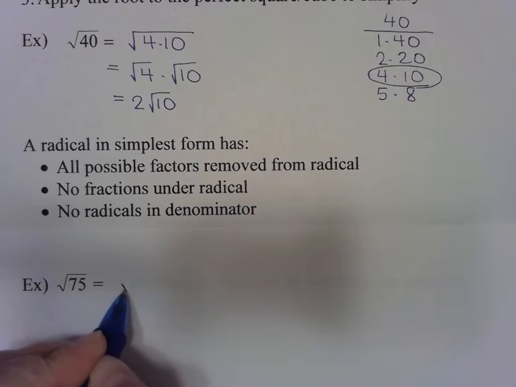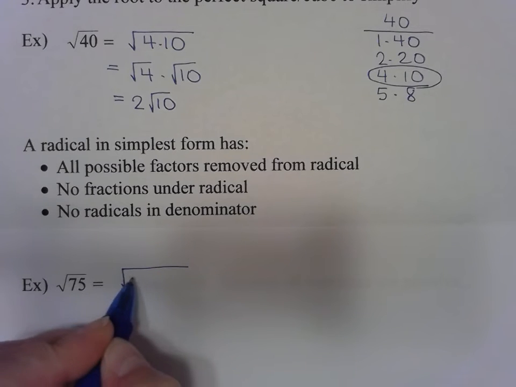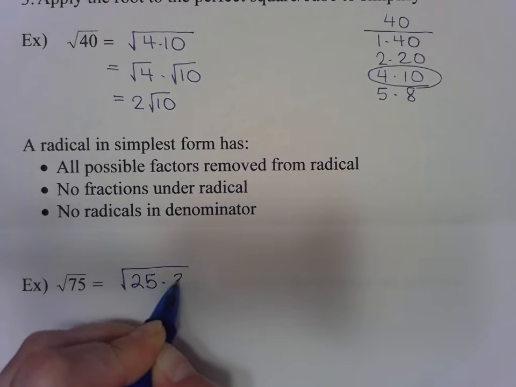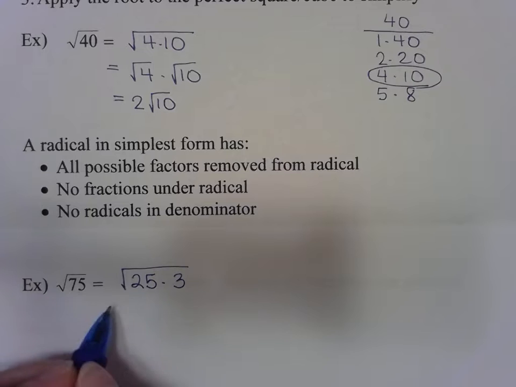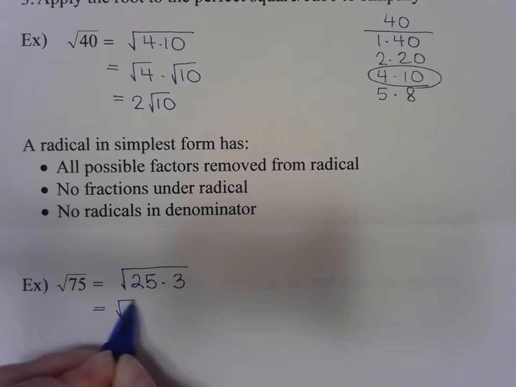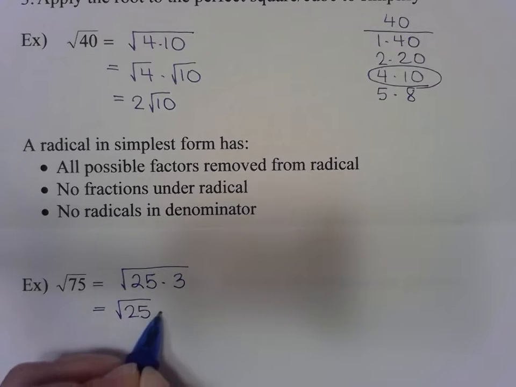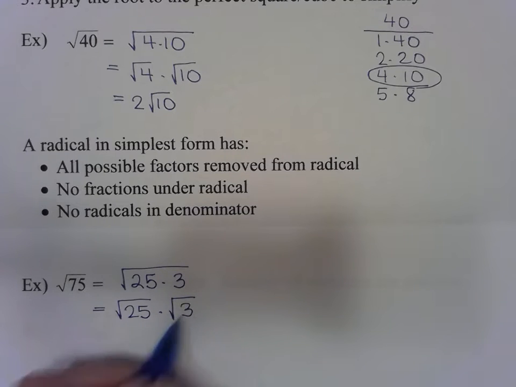I bet you could pick up right away that this is 25 times 3. Then using the product rule, I can break it up as the square root of 25 times the square root of 3. And I know the square root of 25 is 5. So I can turn that into 5 square root of 3.